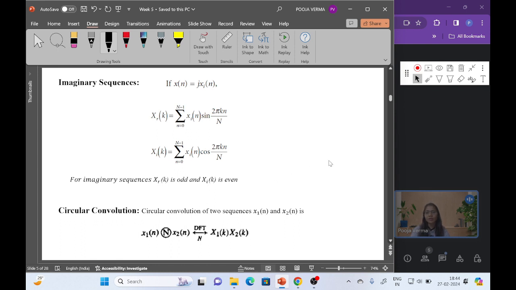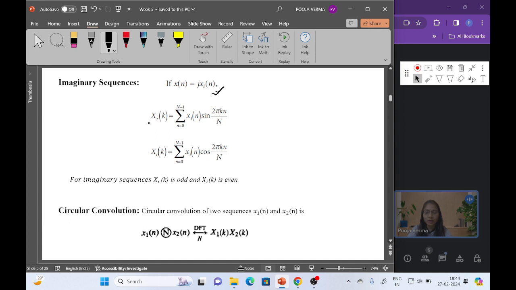Okay, and what will be the DFT for an imaginary sequence? It will be represented as x of n equals j x I of n, and the real part will be zero. Similarly for imaginary sequences with odd and even parts.